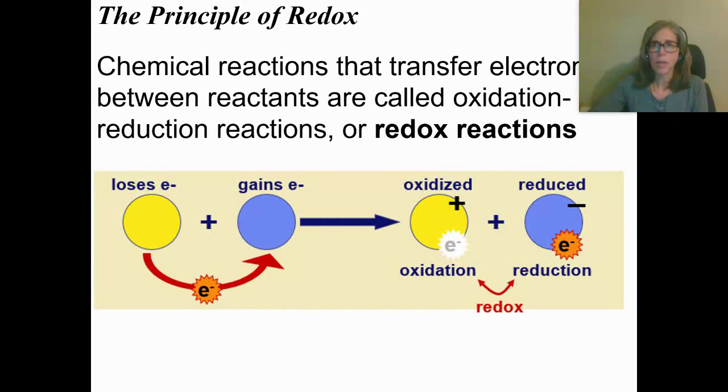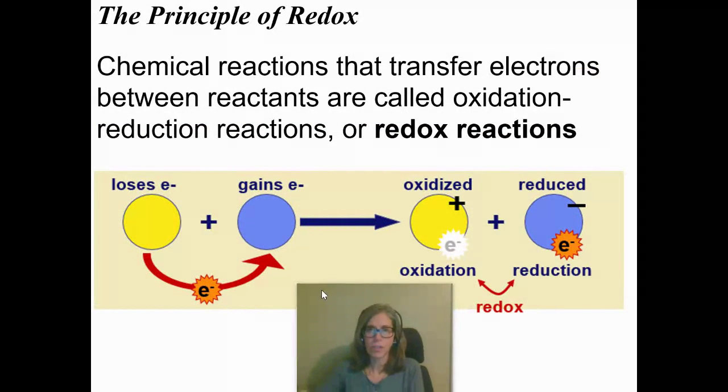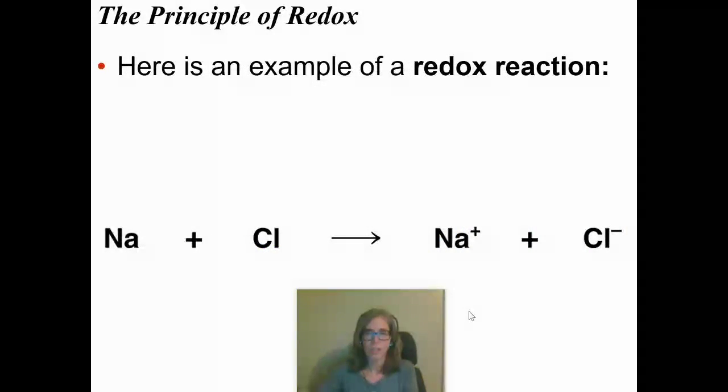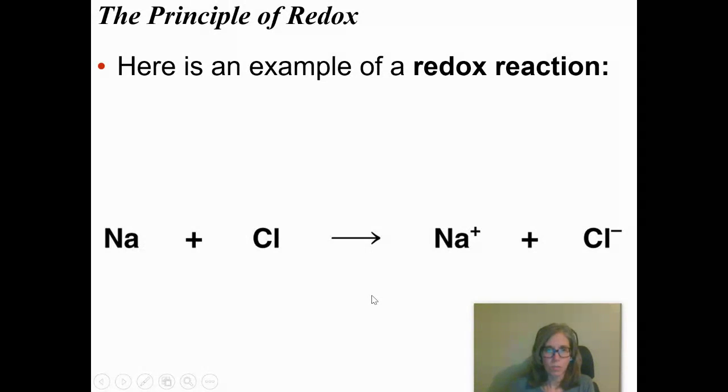Okay, so chemical reactions that transfer electrons between reactants are called oxidation reduction reactions or redox reactions. I don't know why they don't call them ox-re because they always say oxidation reduction, but whatever. Okay, so here's an example of a redox reaction. So what we've got here is sodium, and it's got 11 protons, which means it's got 11 electrons too when it's neutral, and it usually will give up an electron and give it to the chloride ion.